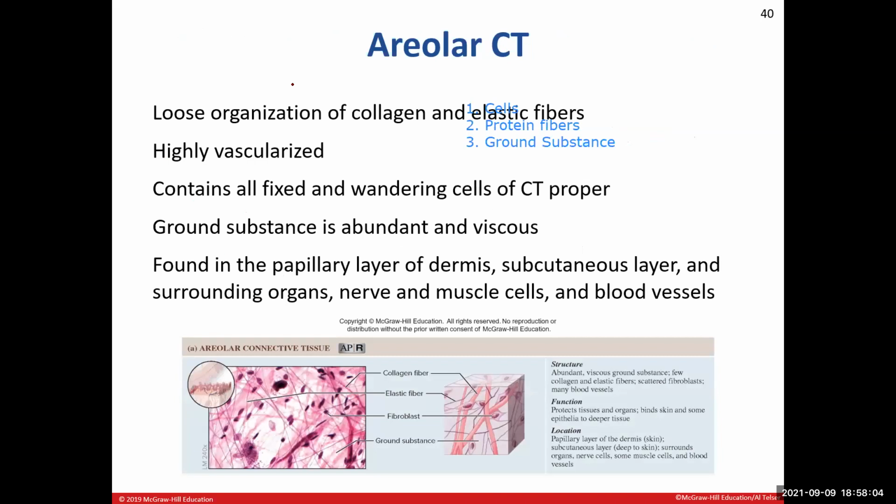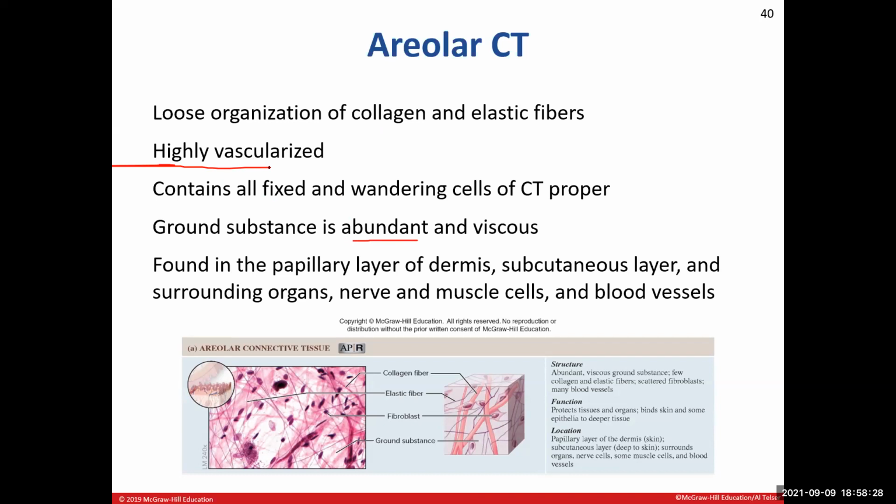So areolar will have both collagen and elastic fibers, but again, no discernible organization there. Has lots of ground substance, right? Because it has lots of ground substance, a lot of space, that means we'll have a lot of blood vessels.